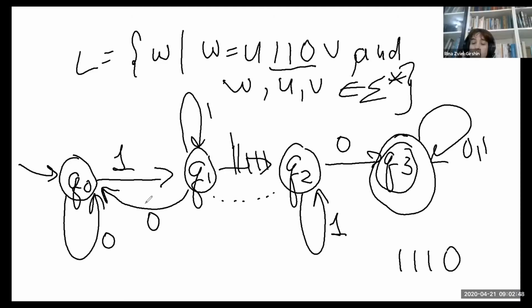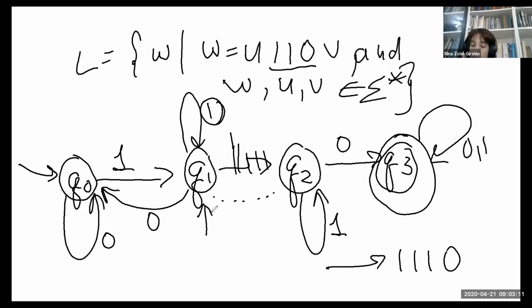No, so let's see. Let's try the word that I used. With your automaton, I have 1, additional 1, and with 0, I return to Q0. So if you here will stay with 1, you have to move with 0 back to Q0.